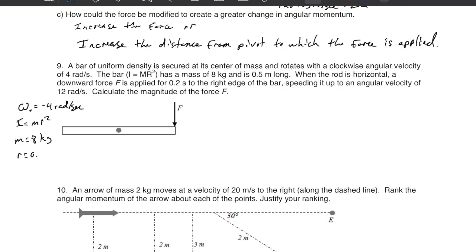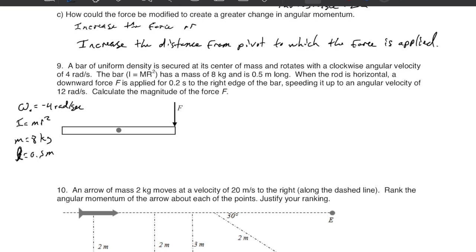When the rod is horizontal, a downward force is applied for 0.2 seconds to the right edge of the bar, speeding it up to an angular velocity of 12 radians per second. Let's make that radius an L, because that's the length, not the radius.